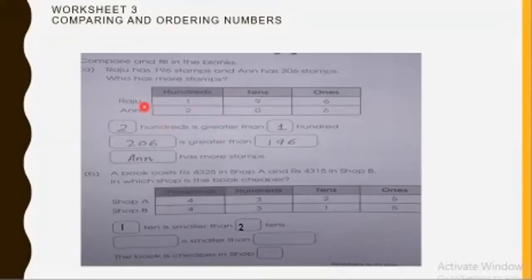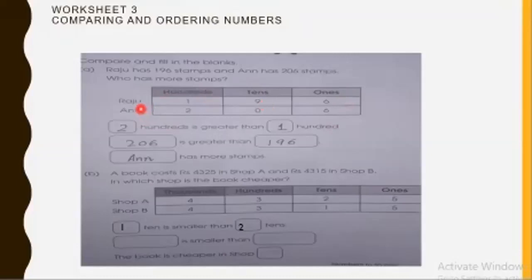So what they did in the workbook, they gave you two boxes with two names mentioned over here. I'm calling them students because right now I just feel that my students are right in front of my eyes. They mention a box and the places of each number, that is ones, tens and hundreds.